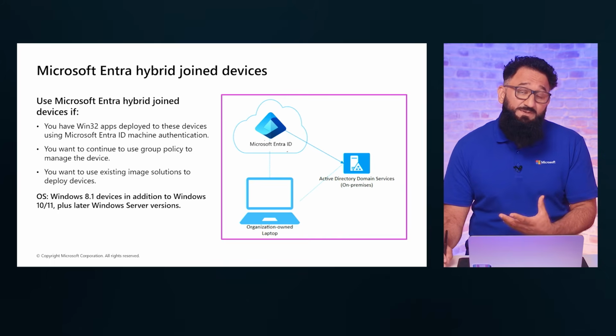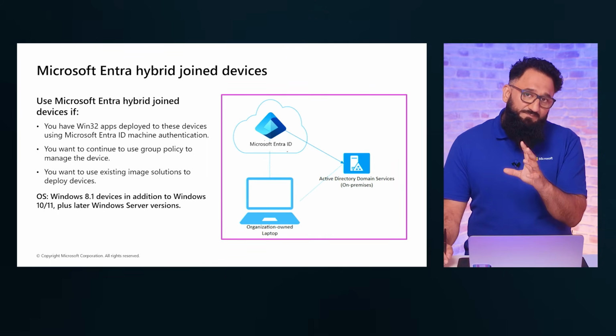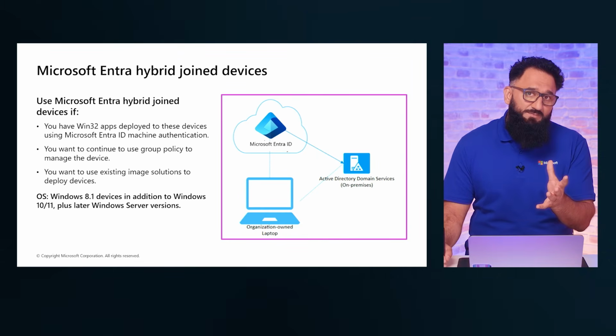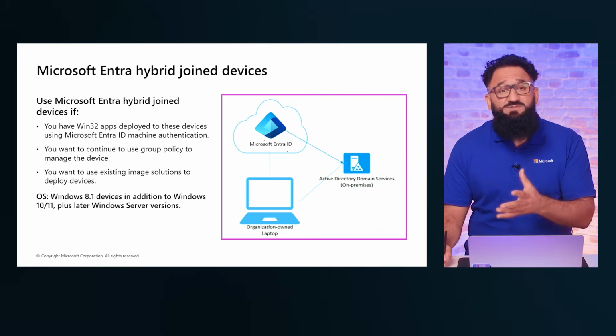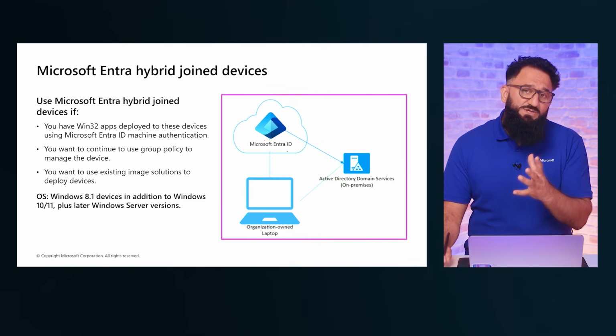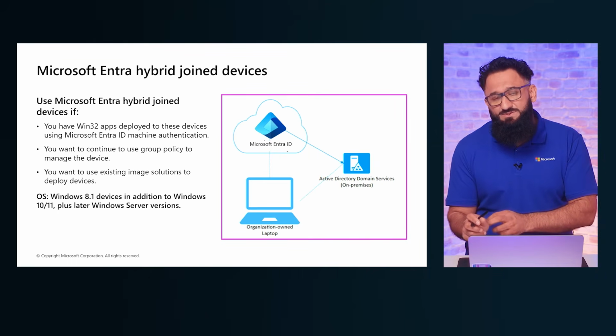Maybe it's a line of business application. In that case, I might be restricted in doing a complete cloud migration directly by using Entra Identity joined devices. So that device could then possibly be brought into the cloud by using the hybrid join solution.